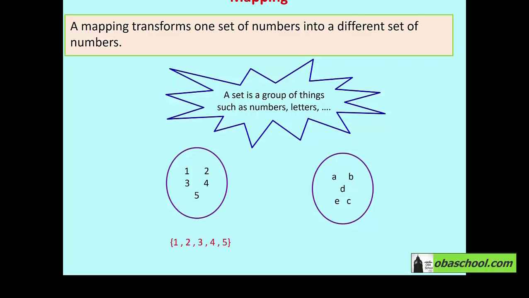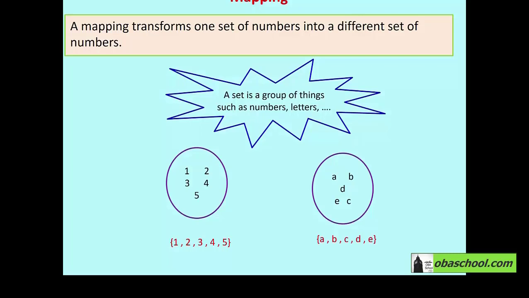We open these two brackets and write the numbers from the smallest to the greatest, and we add a comma between each one of them. Also, the second set of letters, we write them in the same way from A to E, and we add a comma between each letter. So, this is the concept of the set.